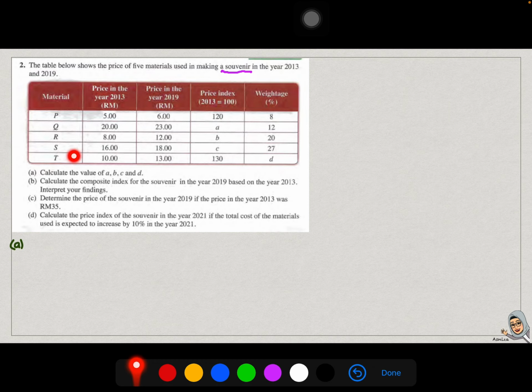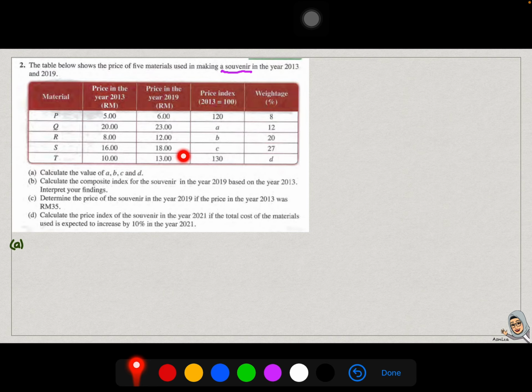In the first column are the 5 materials that we use to make a souvenir: material P, material Q, R, S, and T. The second column shows the price of each material in the year 2013.